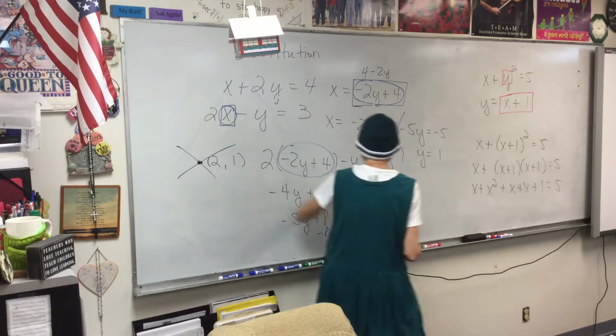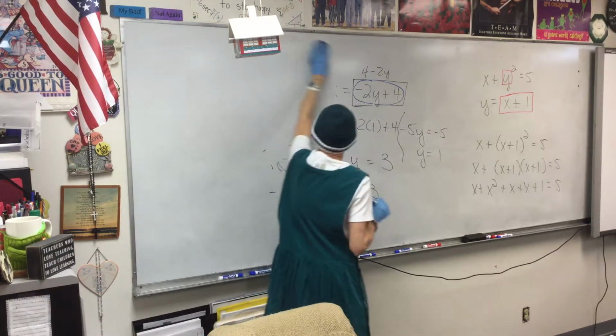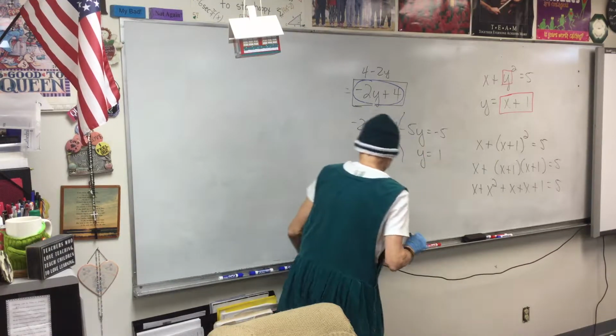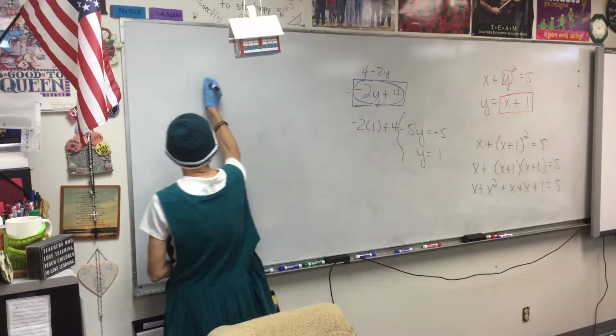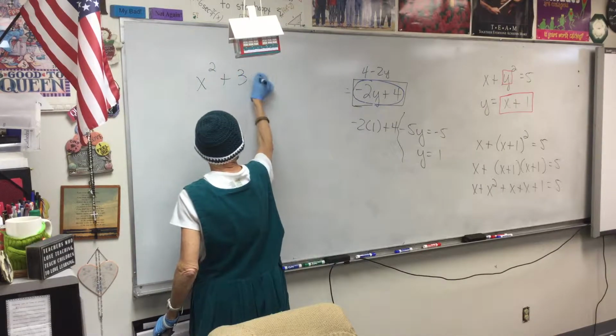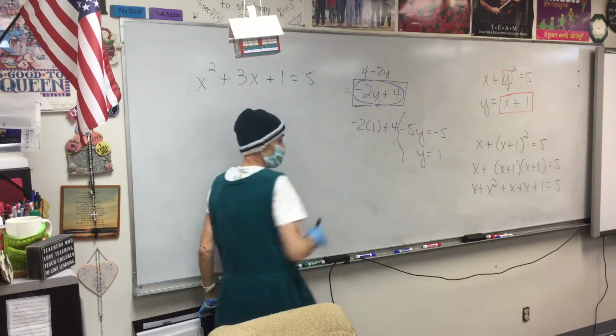So let's clean it up. What have I got? X squared plus 3x plus 1 equals 5?